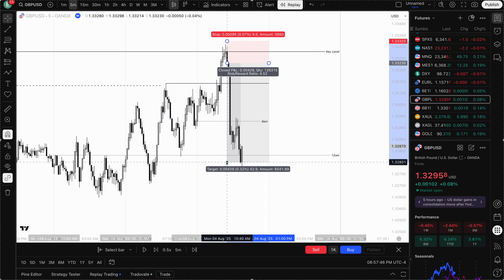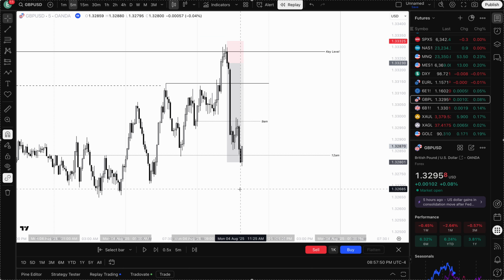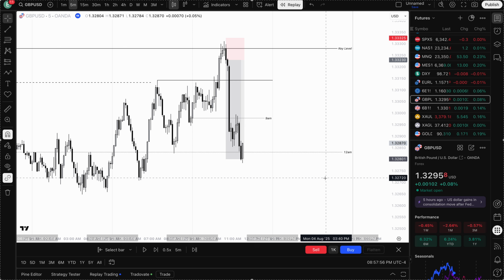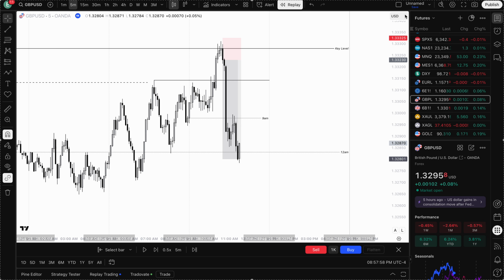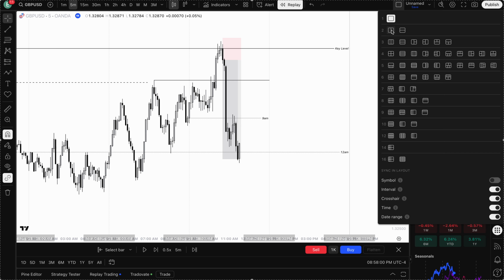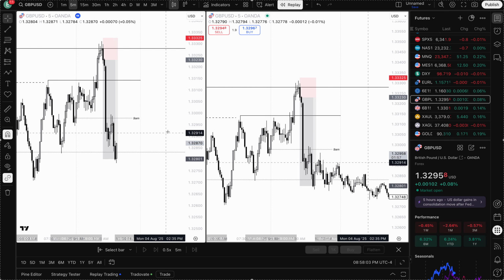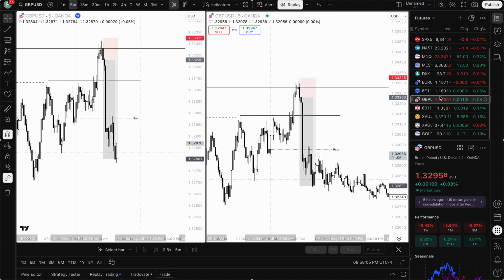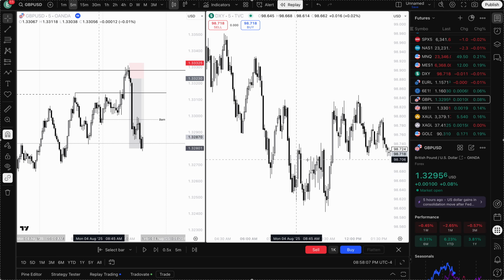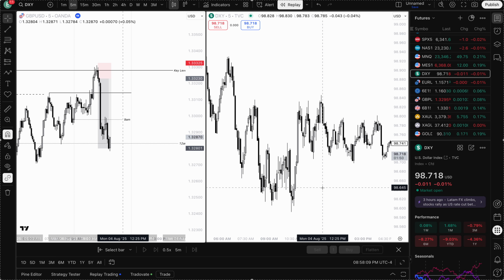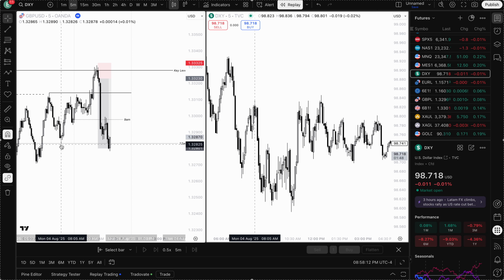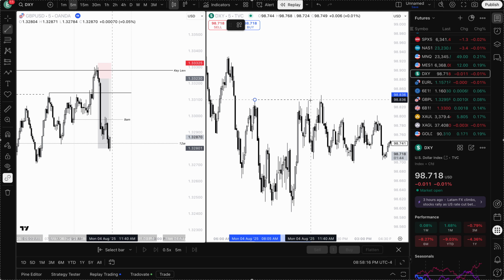That was my exit. Now, why was that my exit? Let me go through that. So it happened at 11:30. So it's not actually 12 o'clock, but pay attention to this low right here. Let me go to the dollar. Right. So this low is this high on the dollar, right?